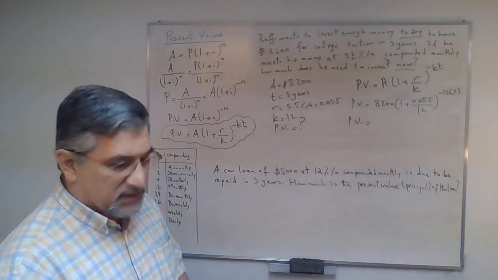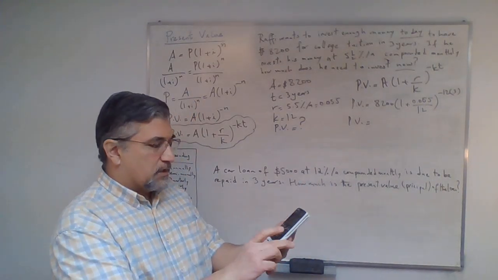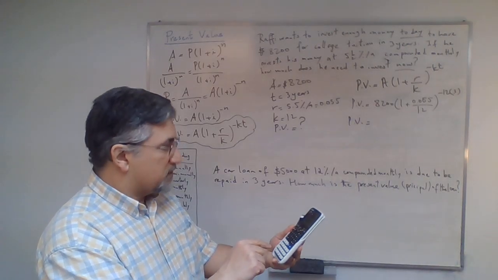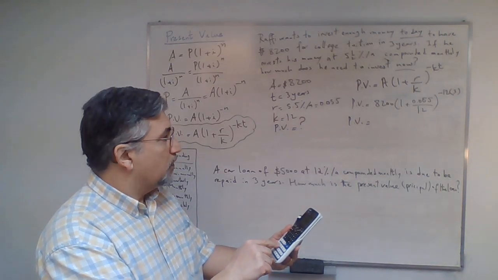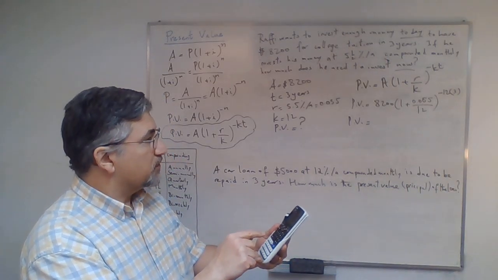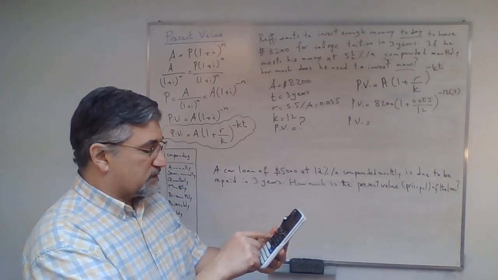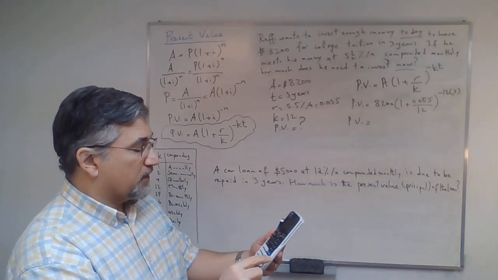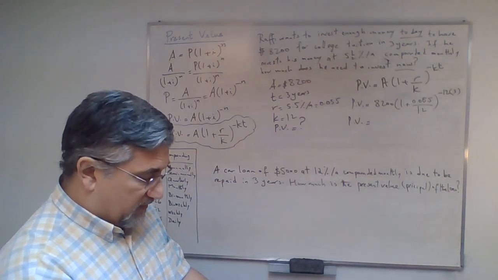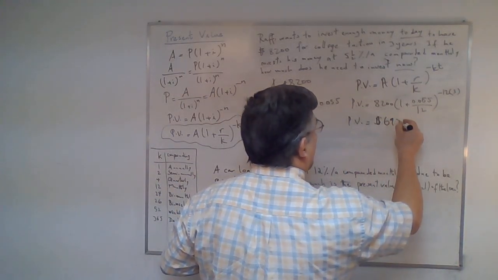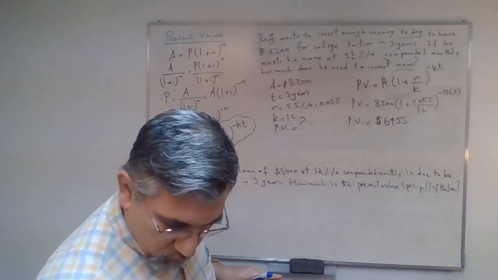It's very easy to make mistakes. So now I'll do the same thing. 8,200 times 1 plus 0.055 divided by 12, and I'm going to raise it to the exponent of negative 36, basically, because 3 times 12 is 36. So I got 6955.35.